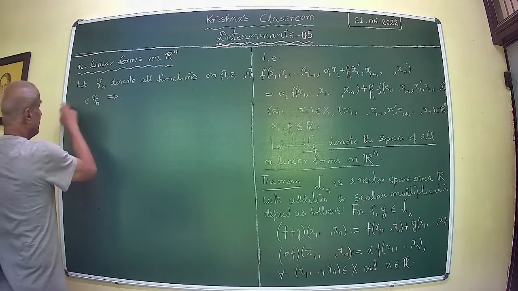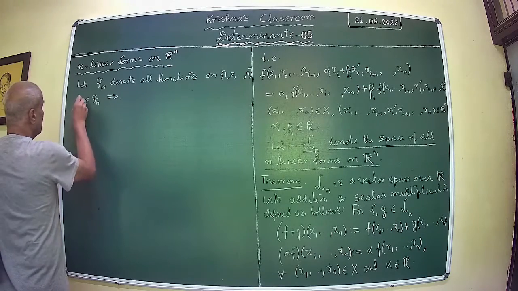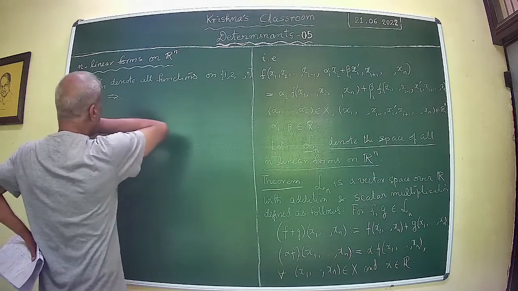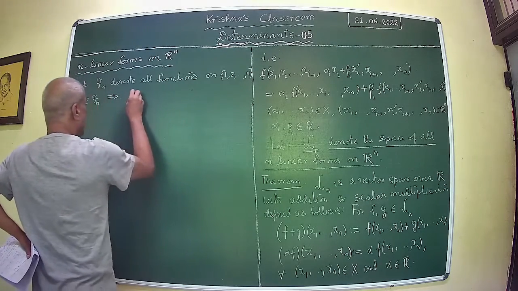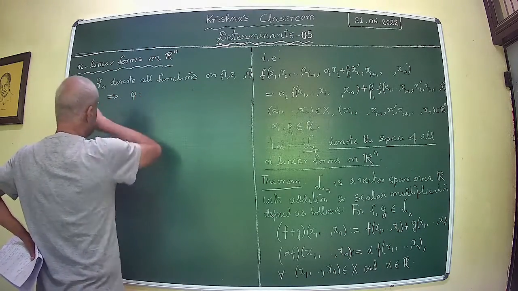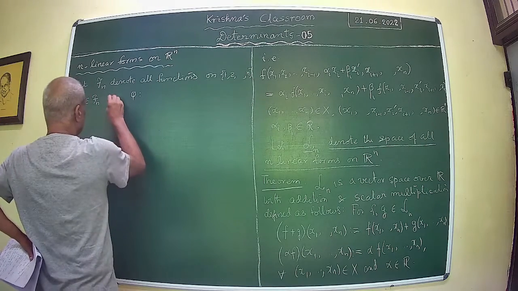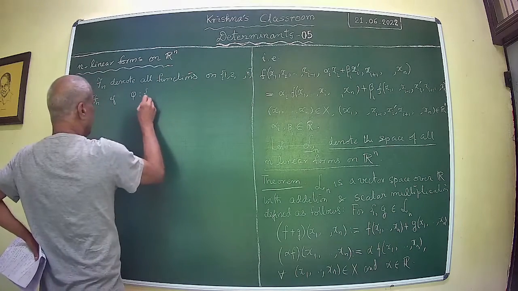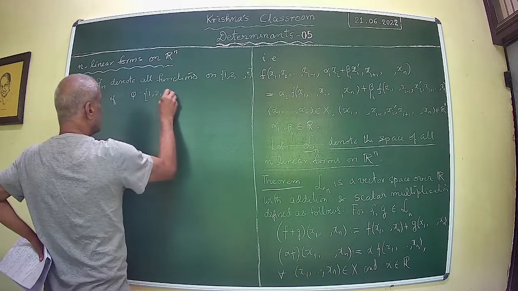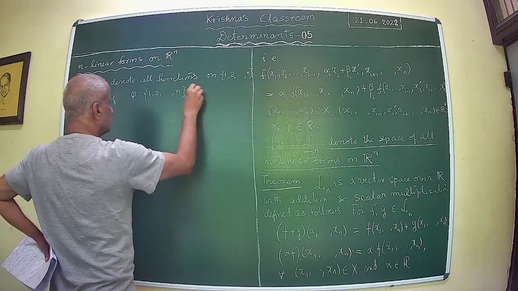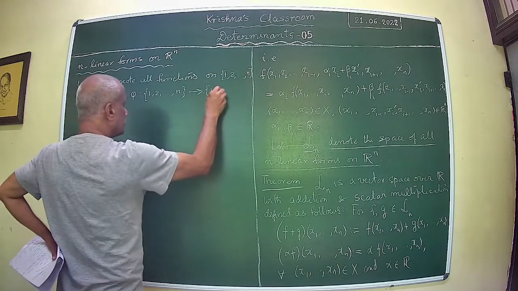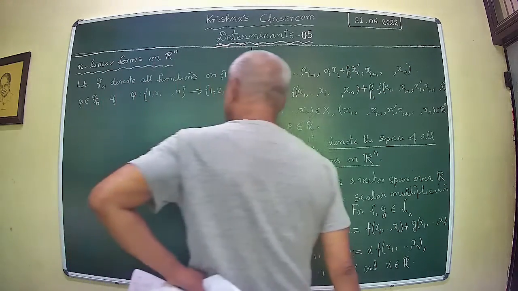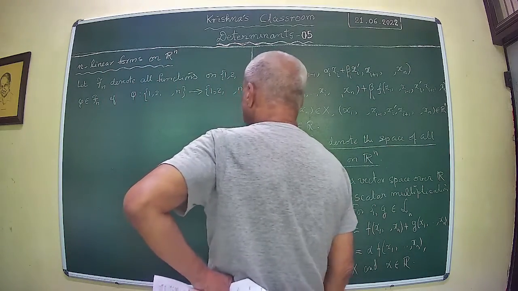So let me write, phi belongs to Fn implies phi is a map, if phi is a function, is a map from 1 to n into Fn.